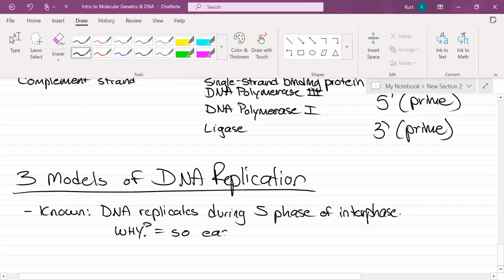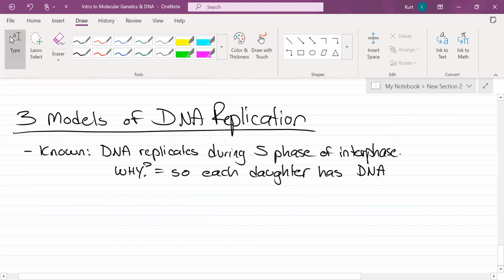So each daughter cell has DNA. You can't have a cell that doesn't have any genetic material. Every cell must have DNA so that it has instructions on how to behave and operate. Without those instructions, it's just a waste of atoms and molecules.